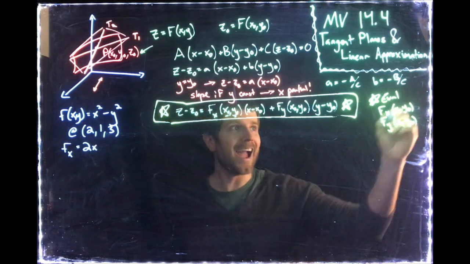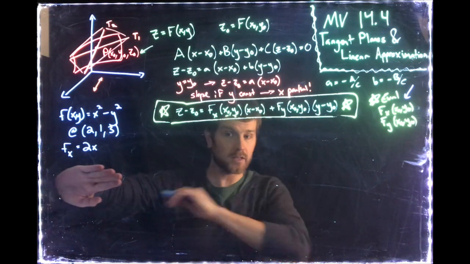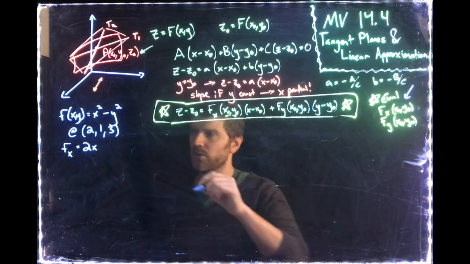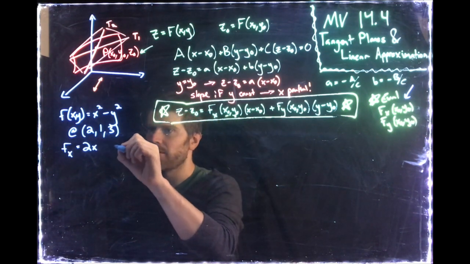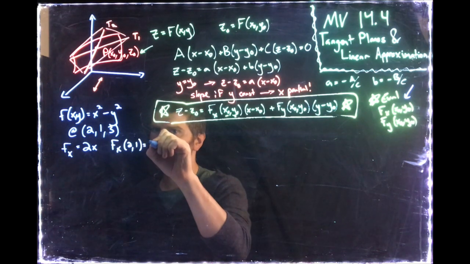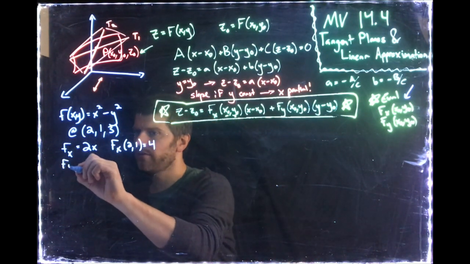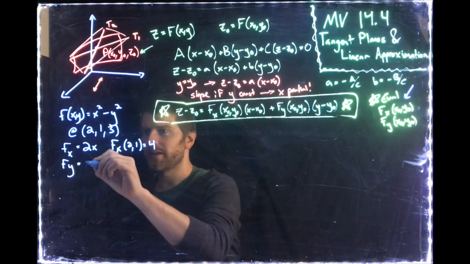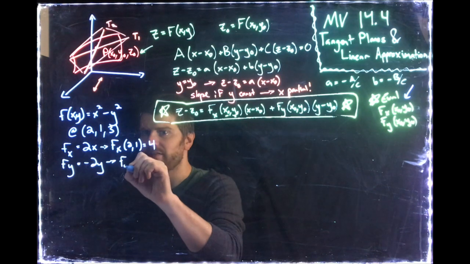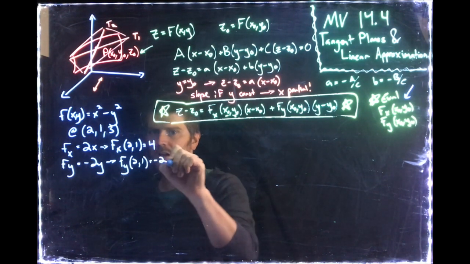But again, I have to evaluate my derivative. 2x is what my x derivative is at any value of x, but I want it specifically at the point where x equals 2. So that means my x derivative is positive 4. My y derivative here would be negative 2y. Evaluating that at the point (2, 1), I get negative 2.